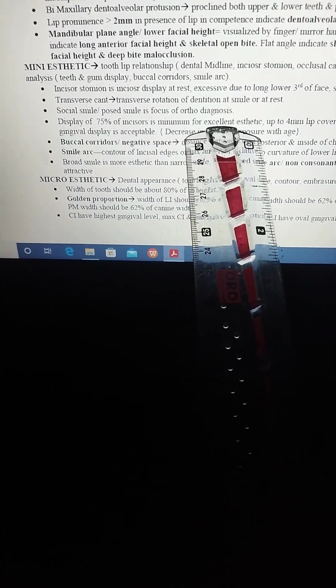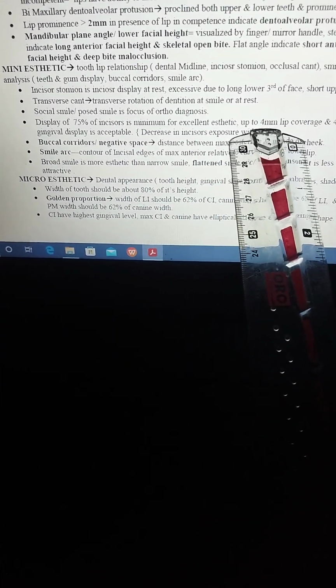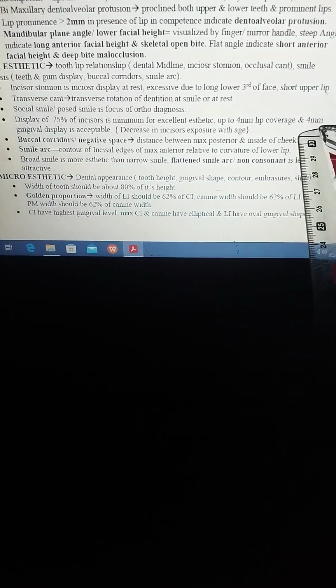Okay, how much? Display of 75% of incisor is the minimum for excellent aesthetic. Up to 4 mm lip coverage and 4 mm gingival display is acceptable. Okay, with age there is decrease in incisor exposure. We had read it earlier.